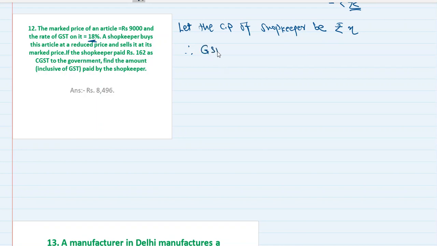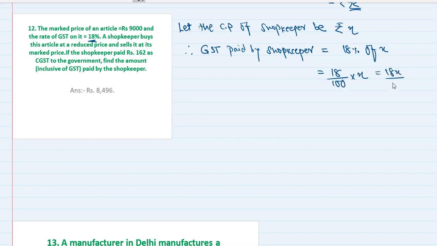Therefore, GST paid by the shopkeeper is equal to 18% of X. Definitely, if he's buying the article for rupees X, he also has to pay some GST. That is 18 upon 100 multiplied by X, that is 18X upon 100.